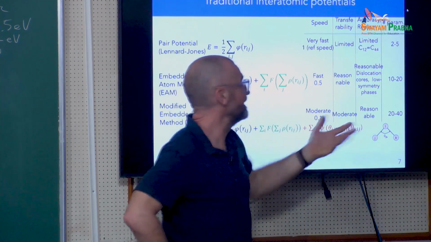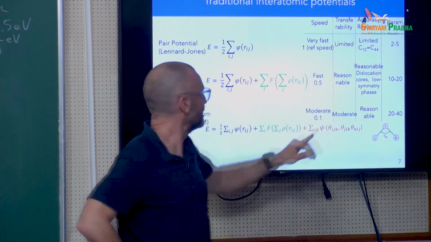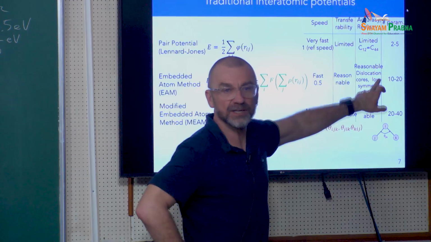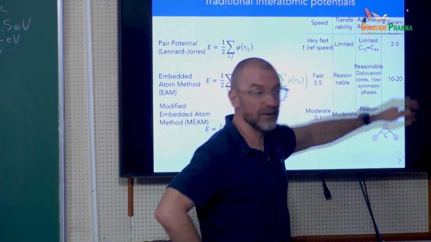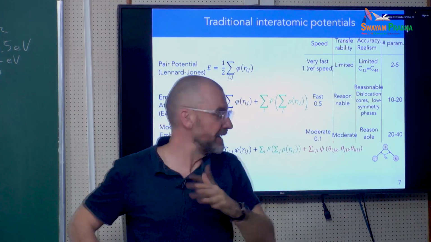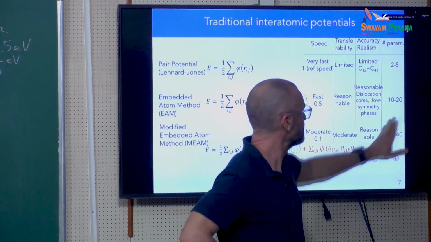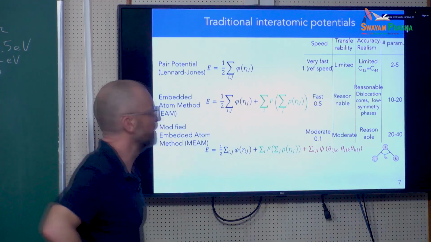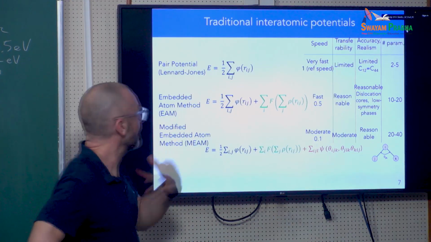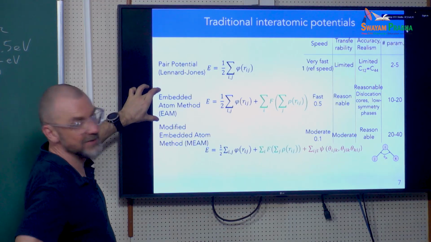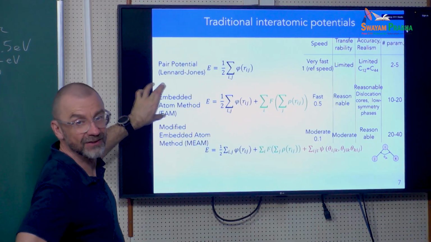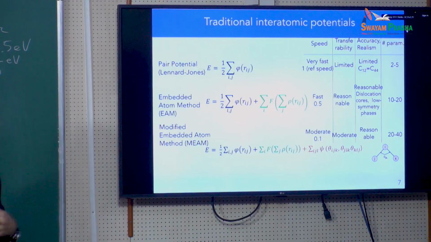The accuracy is not much better either, except for some specific low symmetry phase systems, not for metals. The number of parameters is much larger, much more work to fit these potentials. So anyway, for me, my go-to formalism is the EAM potential. I think they are the best compromise in the different types of potential.